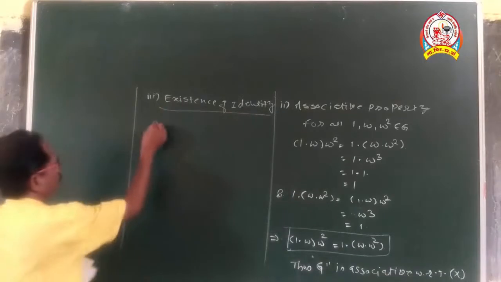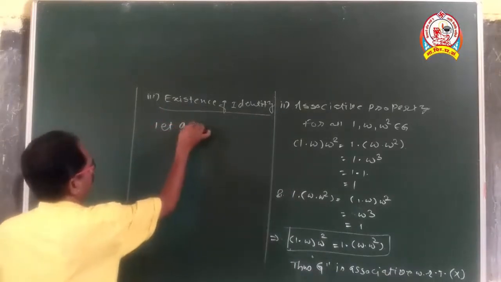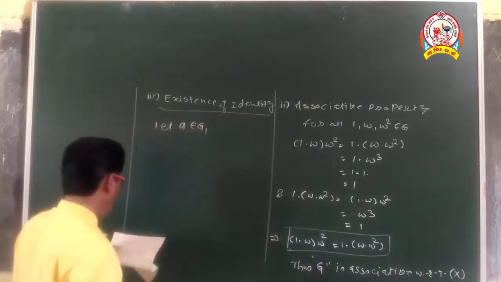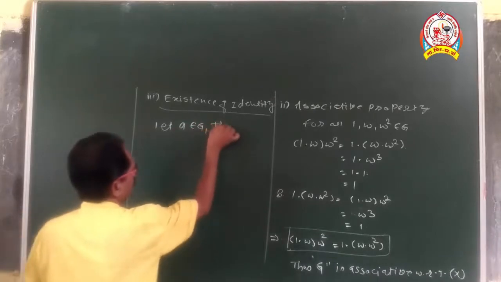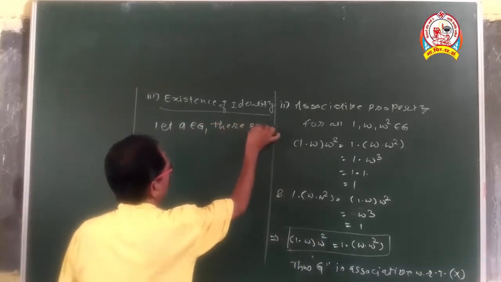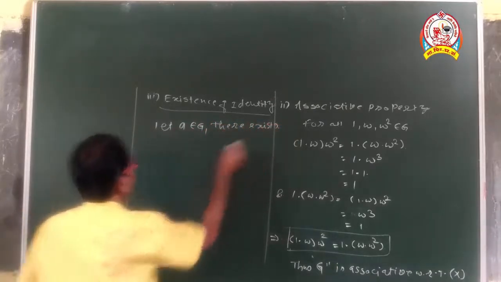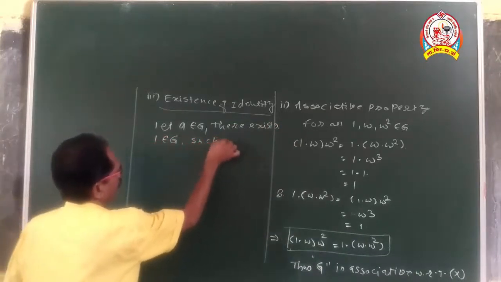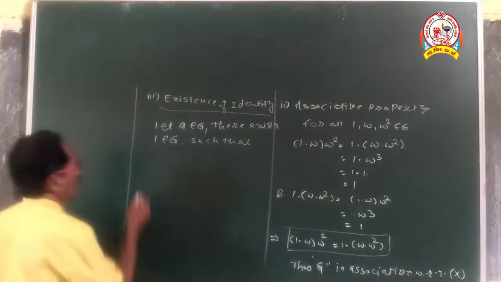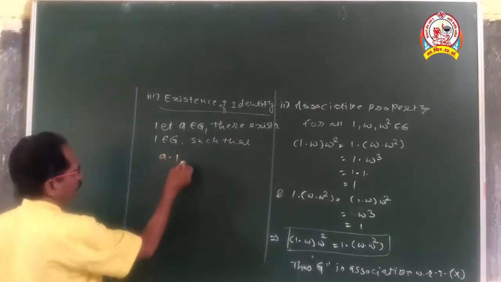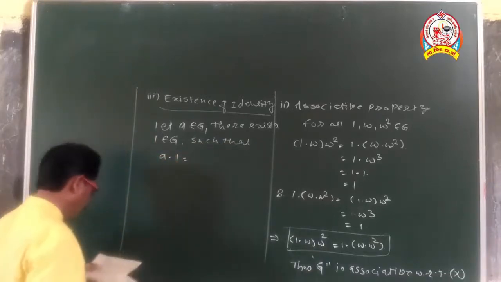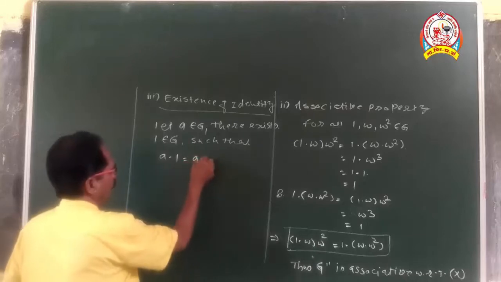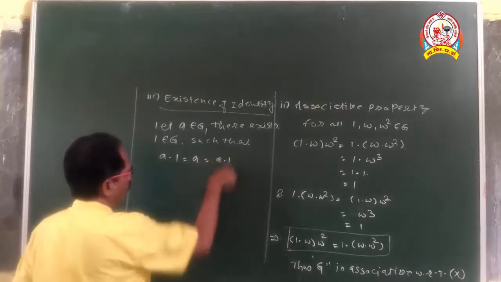Let a belongs to G, there exists 1 belongs to G such that a into 1 is equal to a is equal to 1 into a.